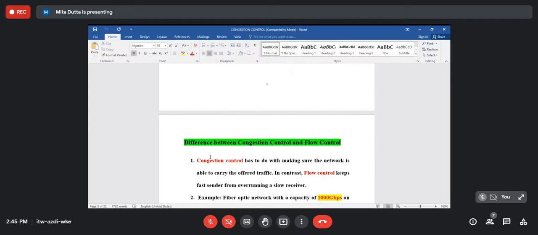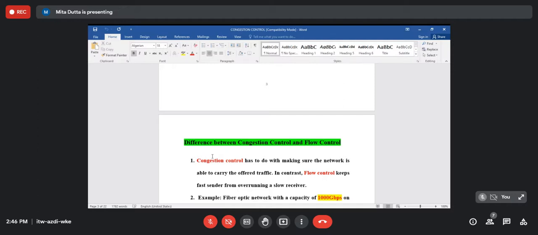Now flow control, we have seen, is needed when a slow processor receives data from a fast sender. If the processor at the receiving end is running slow, whereas the sending end is running fast, then it is not possible for the receiving processor to accept that data at the rate at which it is being sent by the sender.